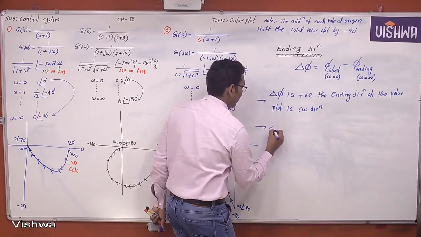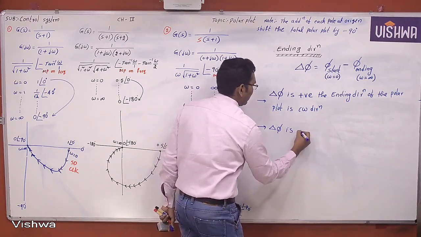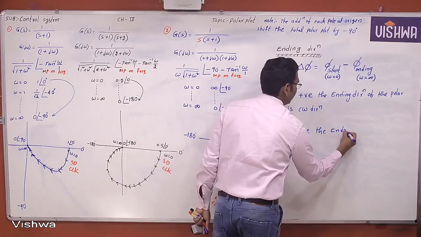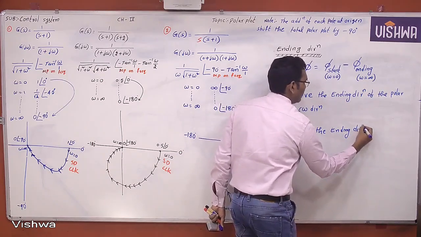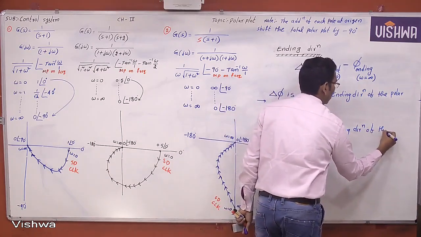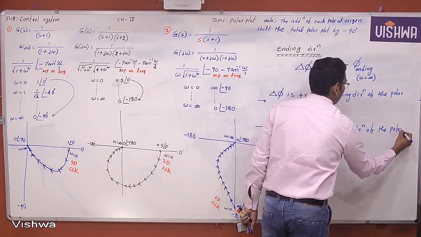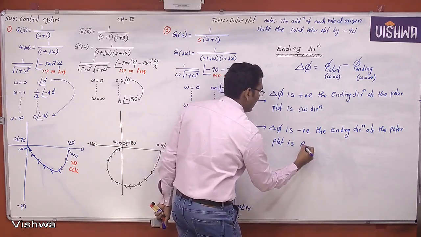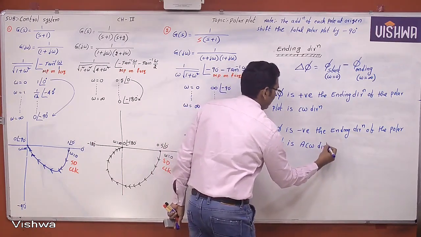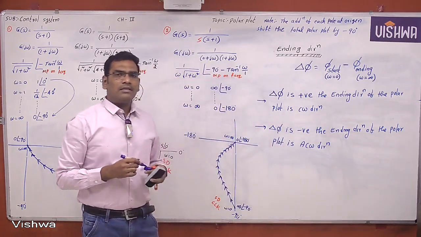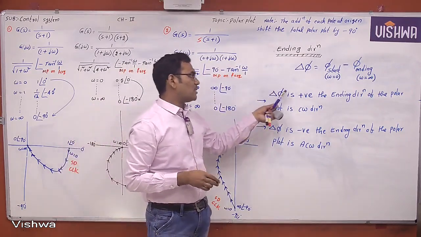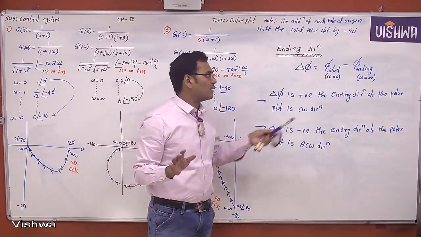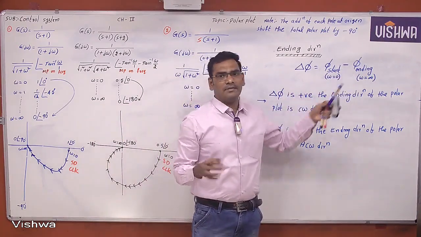If the phase difference is negative, the ending direction of the polar plot is anti-clockwise. Okay, so this is the phase difference. When the phase difference is positive, the ending direction is clockwise. When the phase difference is negative, the ending direction is anti-clockwise. Phase difference means starting phase minus ending phase. You will cross check this.